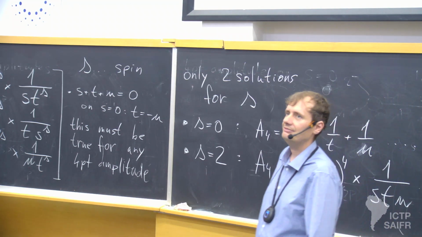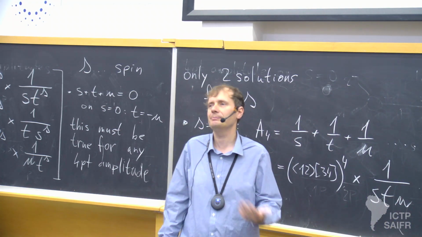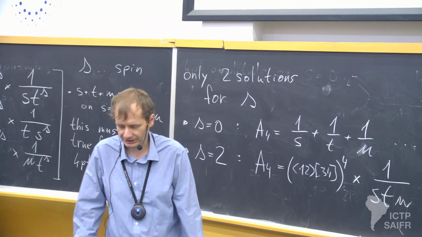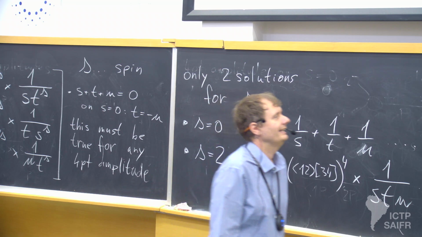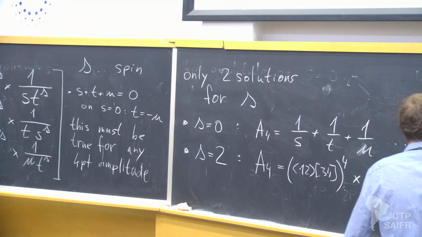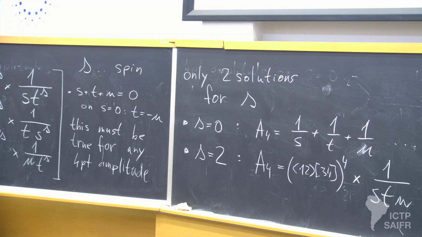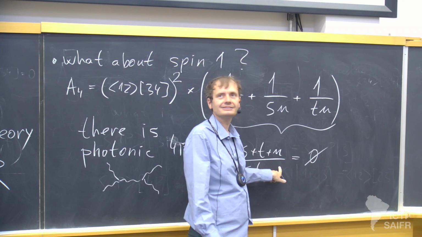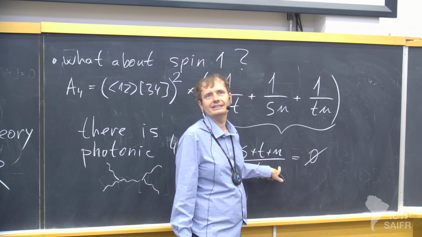So if we allow to dress the 3-point amplitudes with some extra factor, which carries some group structure, then the discussion is different. It is different because in this case, there are f's in the numerator, which obstructs this relation that it's 0.